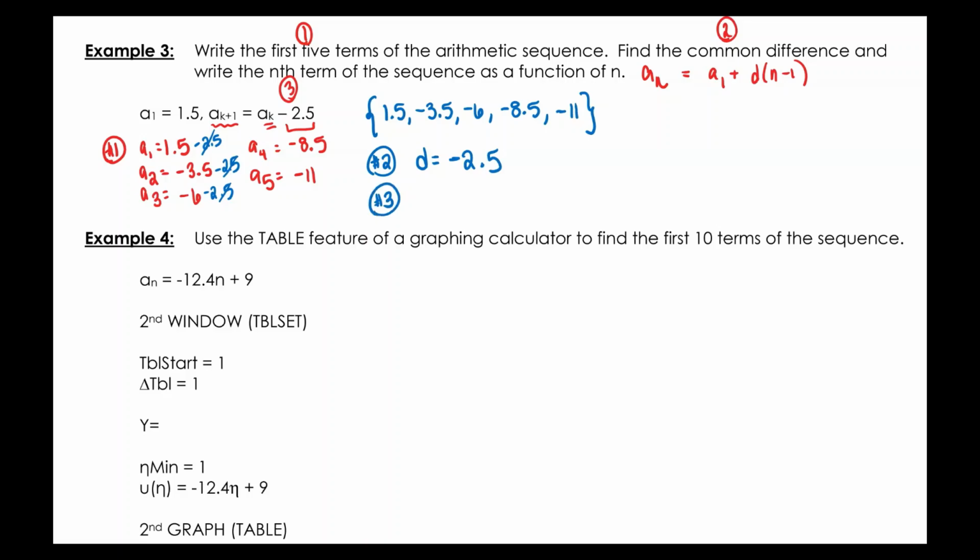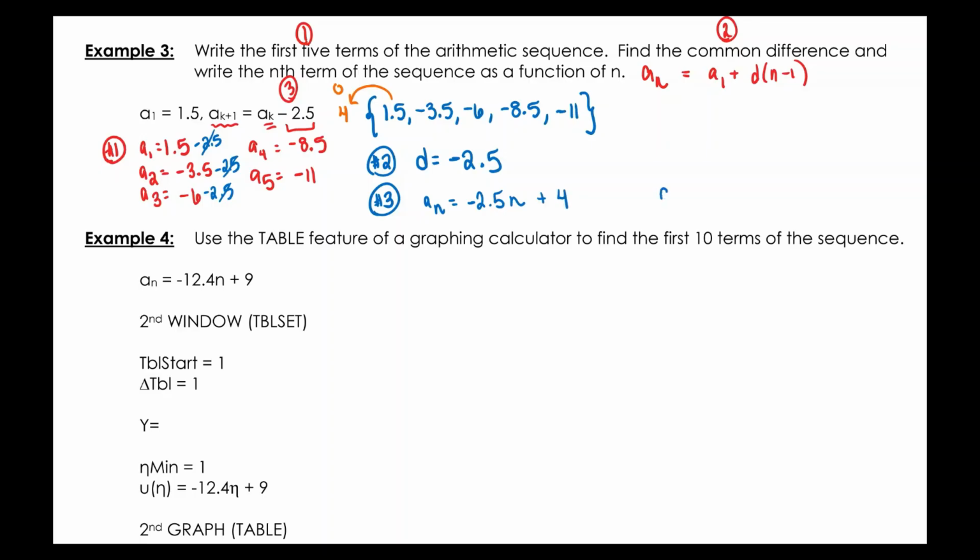Now writing out my explicit formula, I'm actually going to work backwards one, and I'm going to add 2.5 to that. And notice then that you would get 4. And so that's like the 0 term. Well, then that means that my formula here would be a sub n is equal to negative 2.5n, and then plus 4.